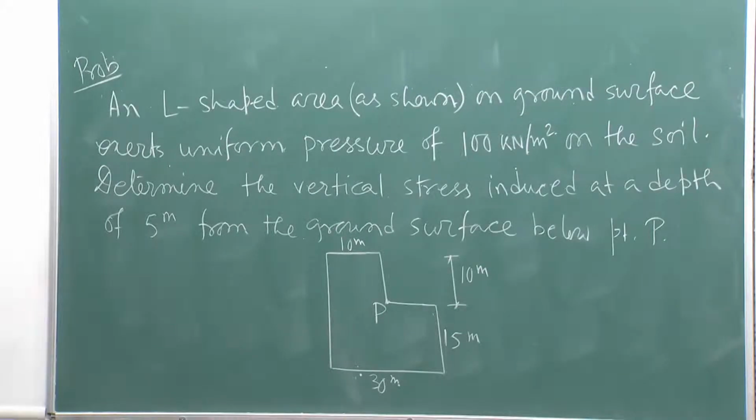Determine the vertical stress induced at a depth of 5 meter. So, Z equal to 5 meter from the ground surface below point P.